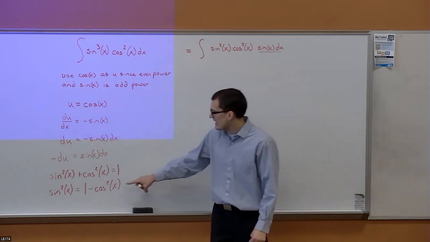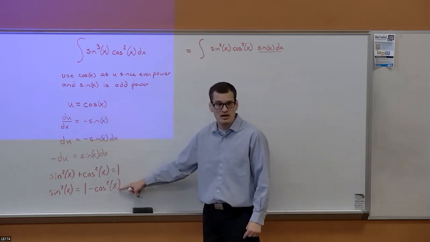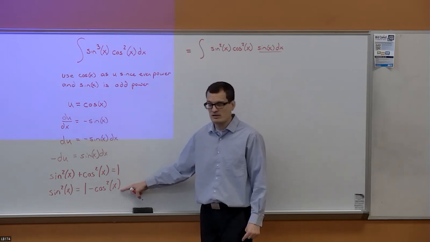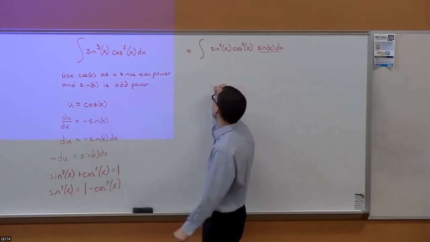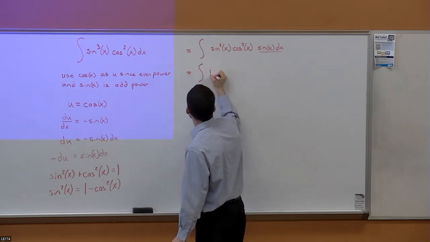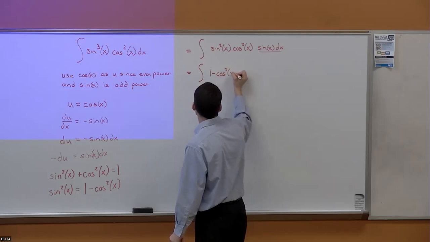And because I can exchange out cosines for u, I'd rather be dealing with cosine squared, or 1 minus cosine squared, than dealing with sine squared. So I'm going to replace the sine squared with a 1 minus cosine squared.